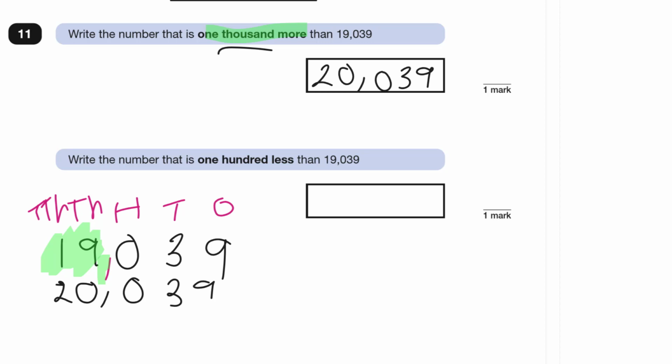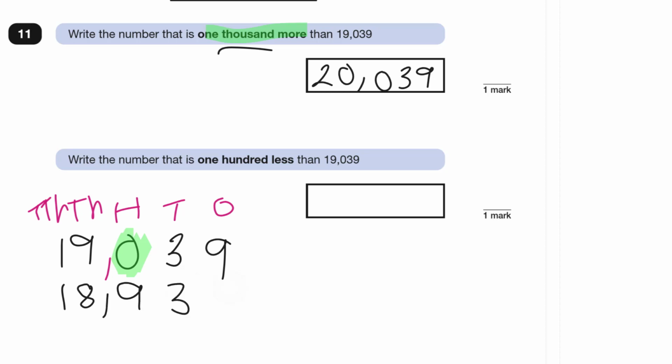So for the next one, write the number that is 100 less. So I'm going to take this out. My 100 is here. Now we've got 0 hundreds, so how would we make it 100 less if we've got no hundreds? Well, we're going to take from our 19,000. If 1,000 is worth 10 hundreds, we're actually going to go back to 18,000 and then 939.